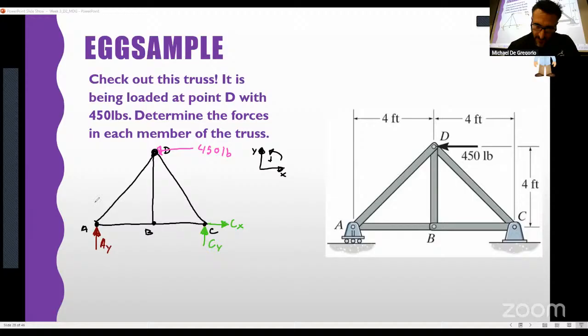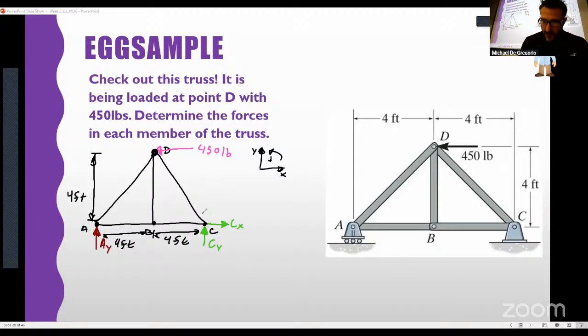I will put on my units in a second, my dimensions. This is 4 feet from top to bottom. That's also 4 feet from each of the other sections. So here's a question for all you trigonometry experts out there.